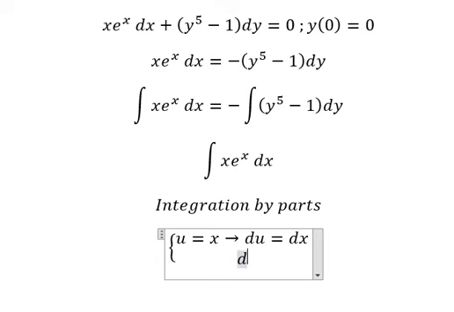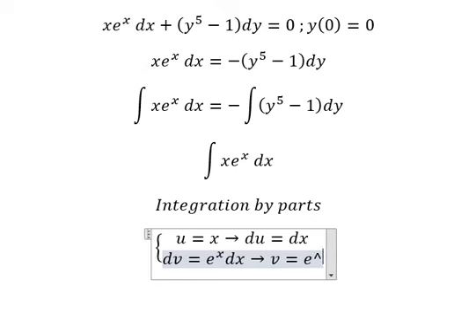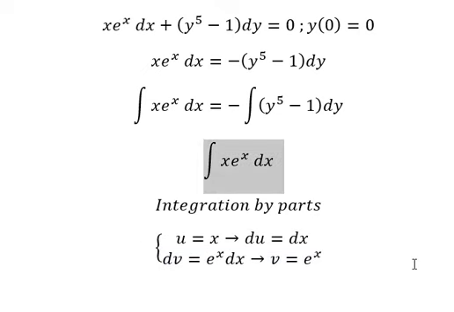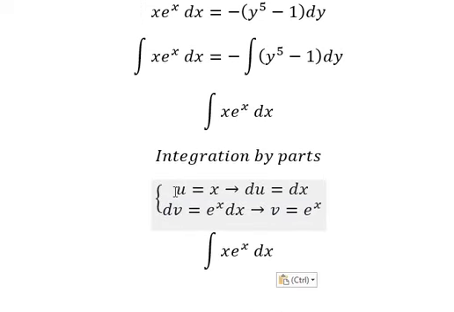Next, we have v equals to e to the power of s ds. The integration of this one, we have v equals to e to the power of s. Next, we have u multiplied by v.